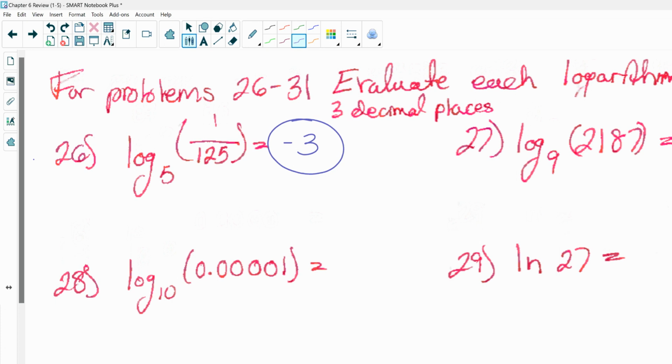Now, does this answer have a decimal place at all? No, so we don't have to round to 3 decimal places. Only round if there are decimal places.